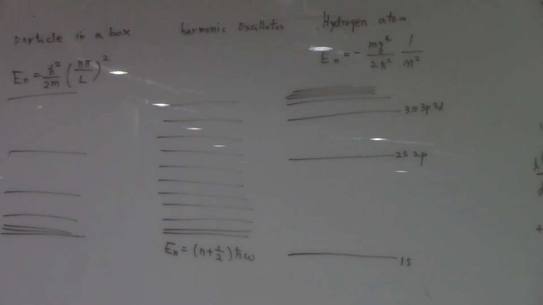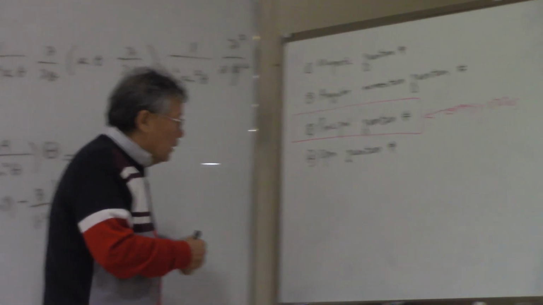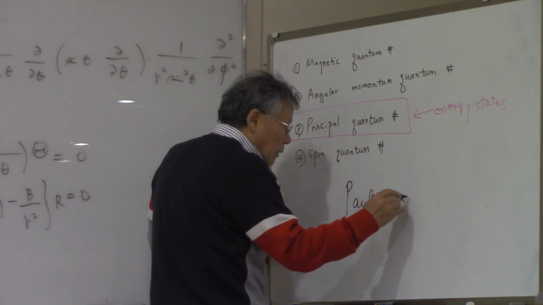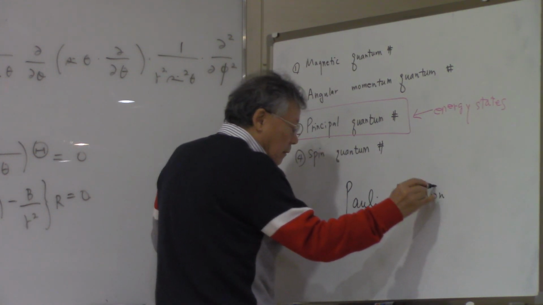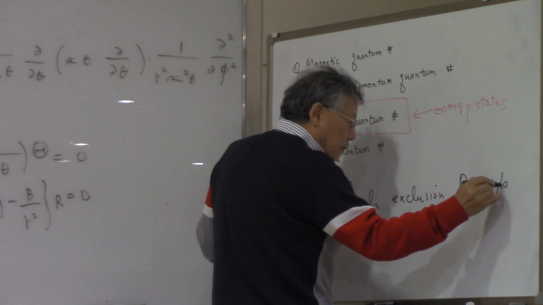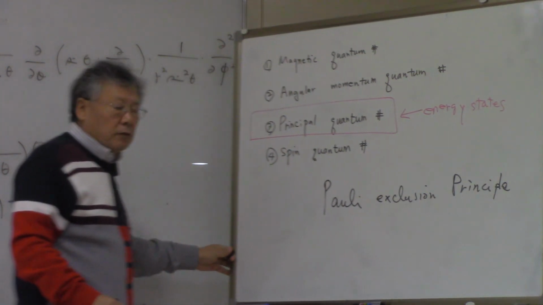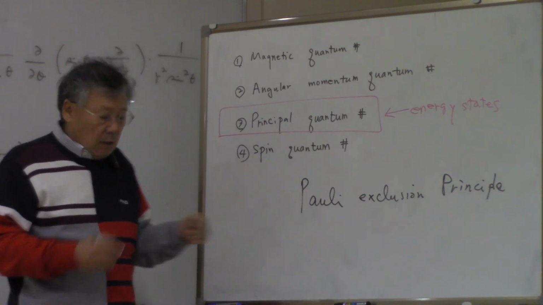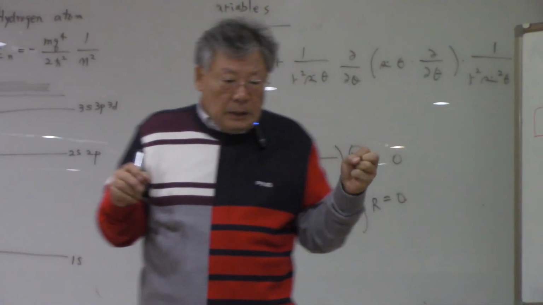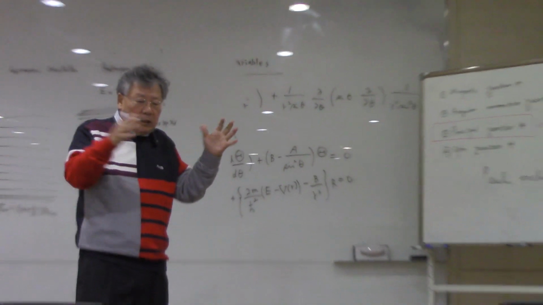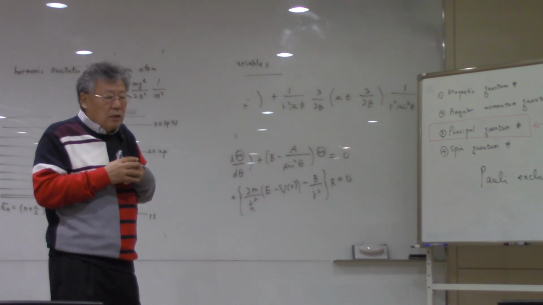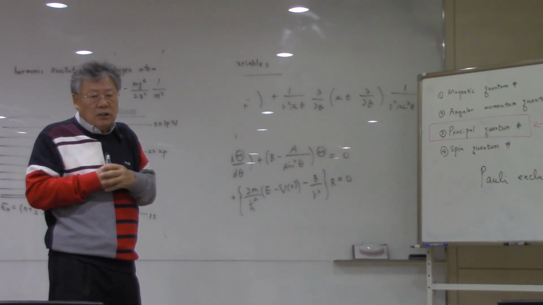And for each electron in a solid, there is the Pauli exclusion principle. This Pauli exclusion principle says that if the electrons are confined together in a closed system, no two electrons can have the same energies.